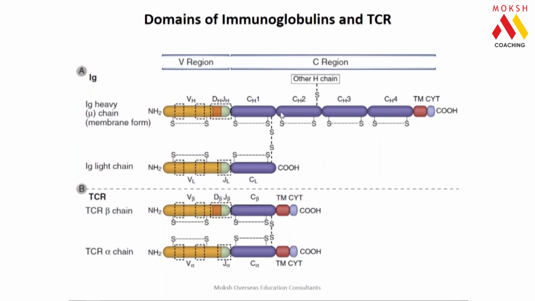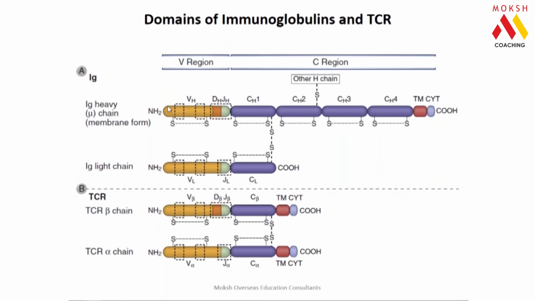The immunoglobulin is also the B cell receptor, and it is made of two identical heavy chains and two identical light chains. The T cell receptor is made of an alpha chain and a beta chain. The beta chain is analogous to the heavy chain. It has a similar structure. And so does the alpha chain in the case of the light chain.